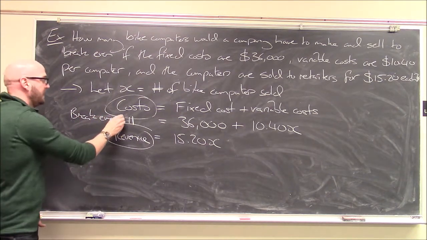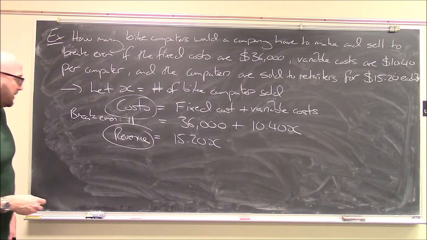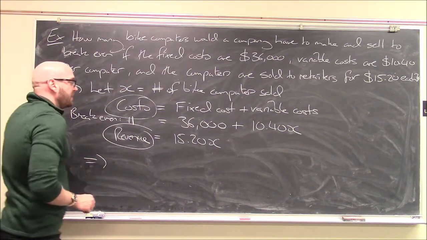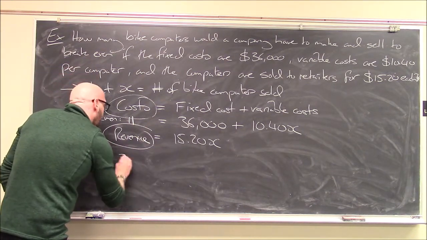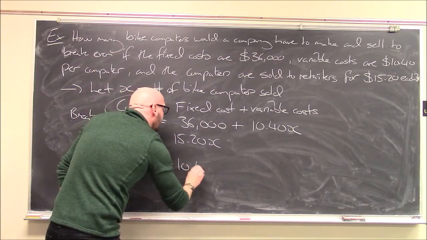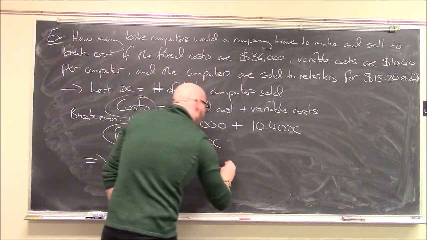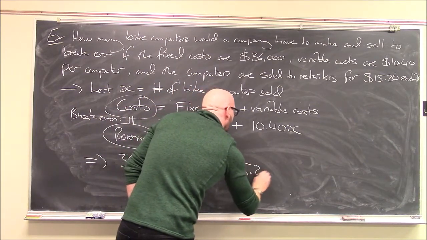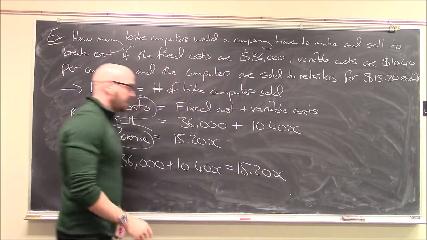We want these two things to be equal to each other. So we've set up an equation, and we're trying to solve: when does 36,000 plus 10.40x equal 15.20x?